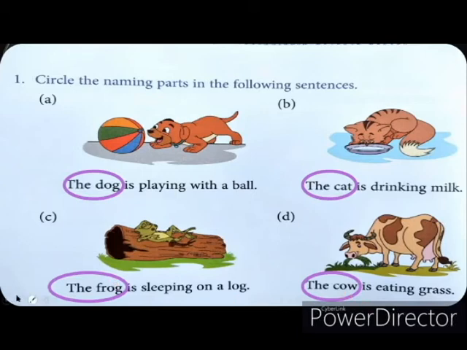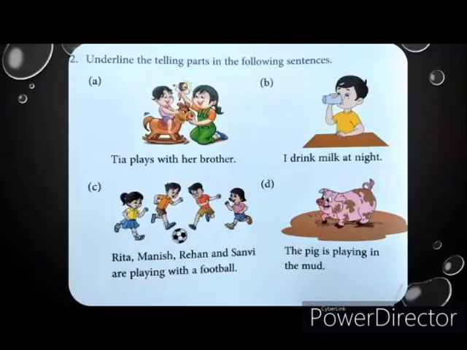Okay. So the next activity is, underline the telling parts in the following sentences. Telling part refers to what a person is doing, right? The first question is, Tia plays with her brother. What is Tia doing?